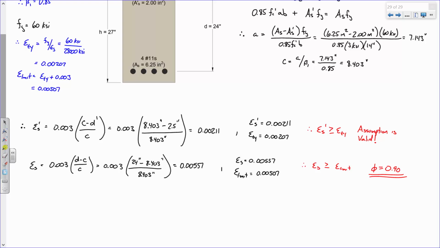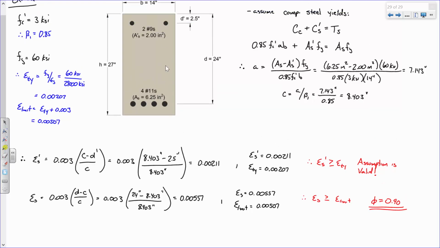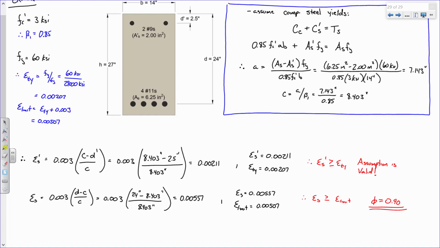All this math that we did up here, all this math in this blue box, assumes that the compression steel yields. I don't know if that's true until I look at the strain in the steel and compare it against the strain yield. So what am I doing here? I'm verifying this assumption. That's why I'm making this comparison.